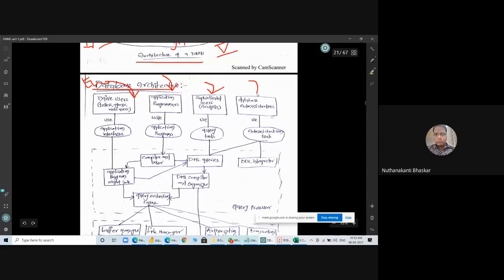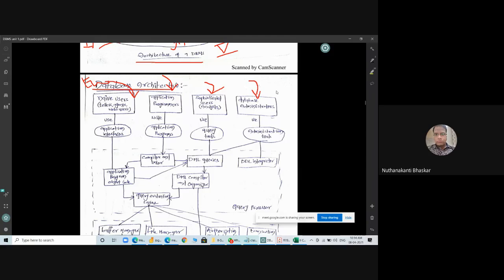And then the database administrator. Already I told you, these are the people who design the database, the DBA. The DBA is a very important role in the database management system. When you go for any certification in database management systems, they are called DBA certifications, level 1, level 2 like this. They play a very important role in the software industry.